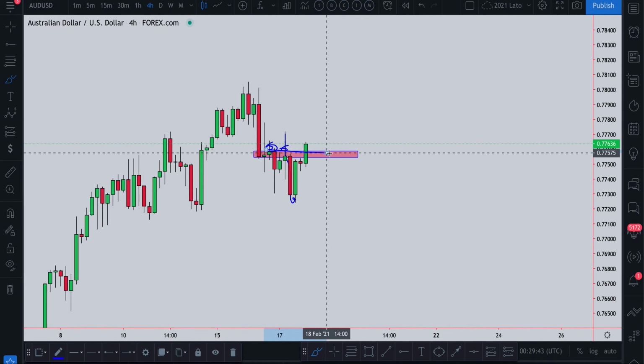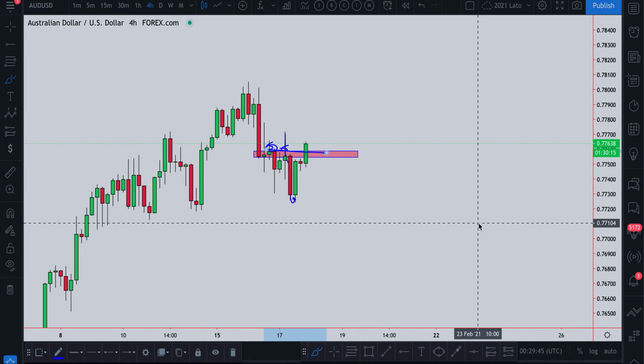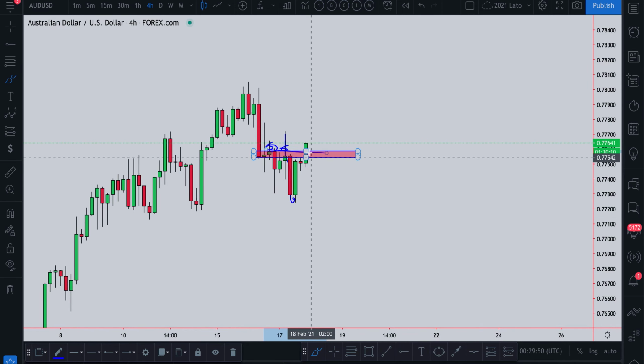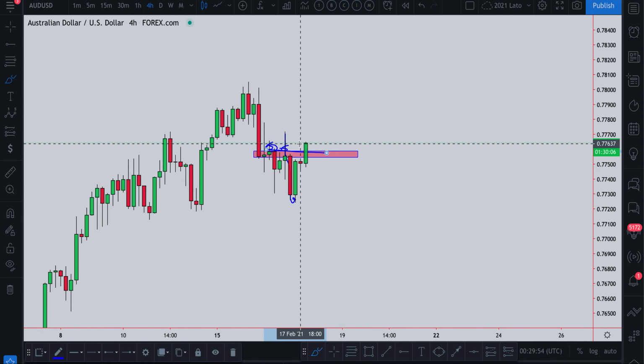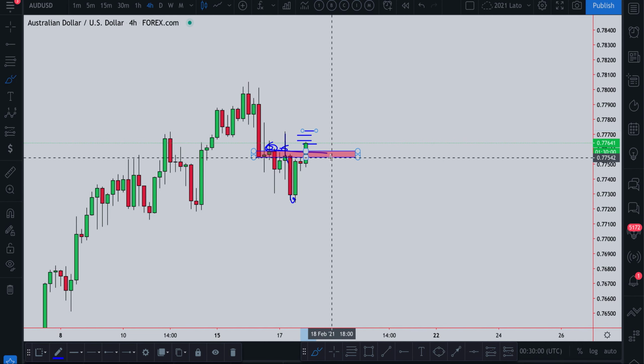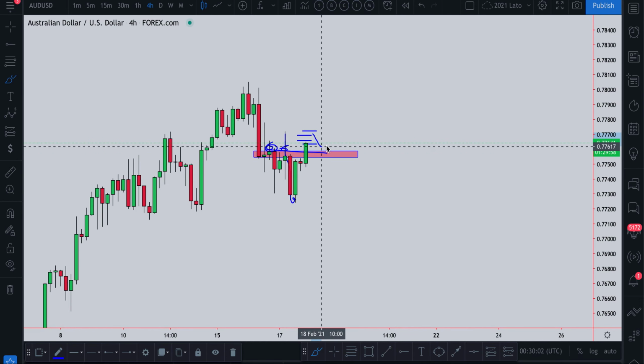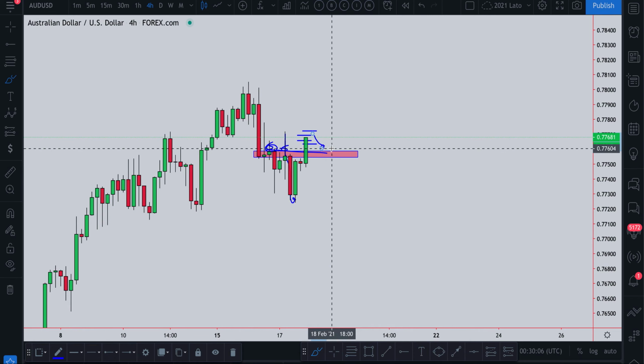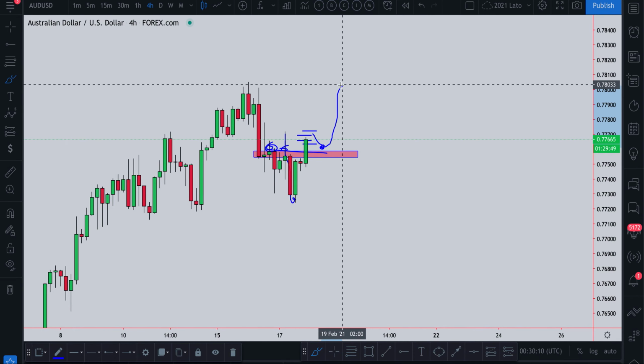We do have an hour and 30 minutes to close this candle. If this candle closes above the strong resistance, what's going to happen is it goes back down to retest that support once more, and from there the market could reject back towards the upside.